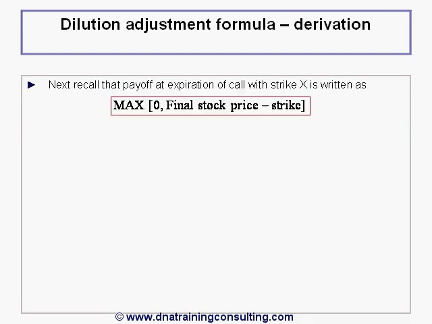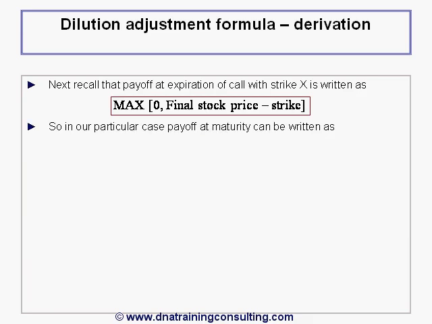Next, we recall that the payoff at expiration of any call option with strike X can be written generally in this form: max, higher of, 0, final price minus strike.